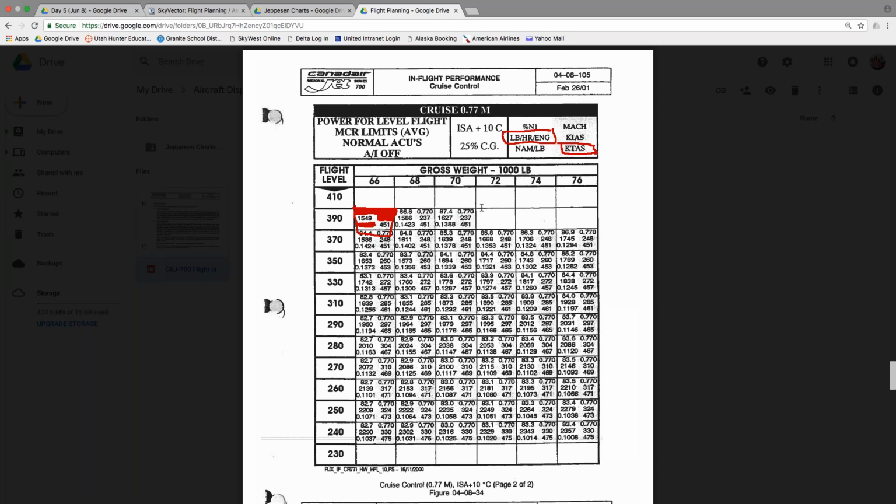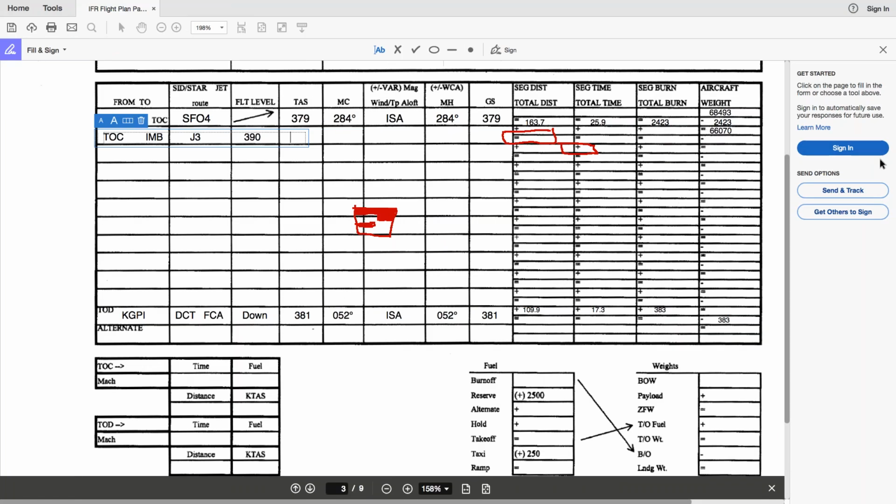Okay, so let's do that leg now, because we have to have this data to get our next data. Knots true airspeed, 451 knots. Okay, 451 knots.